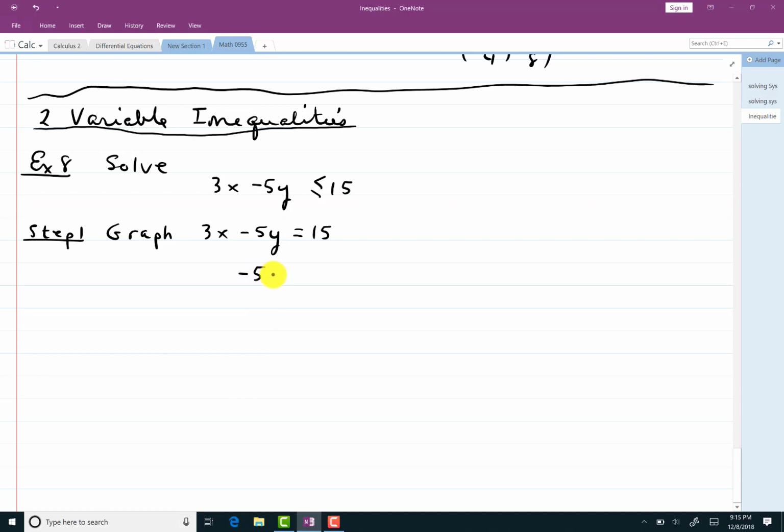I'll get negative 5y equals negative 3x plus 15. And then I'll divide everything by negative 5. And that will give me y equals 3/5 x minus 3.